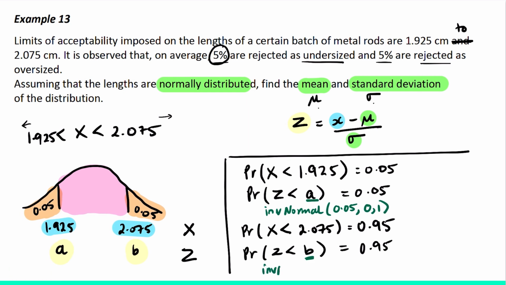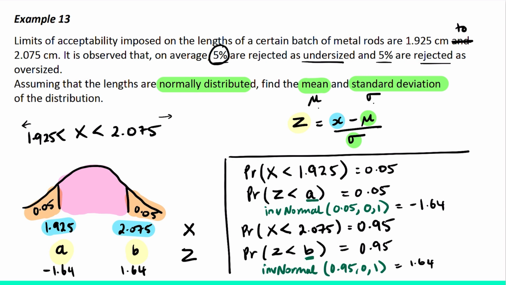I'm going to do the same thing here. So that would be 0.95, 0, and 1. Go ahead and try that on your calculator. Once you get it, you'll notice that you get negative 1.64 and positive 1.64. No surprise there that they are equivalent.